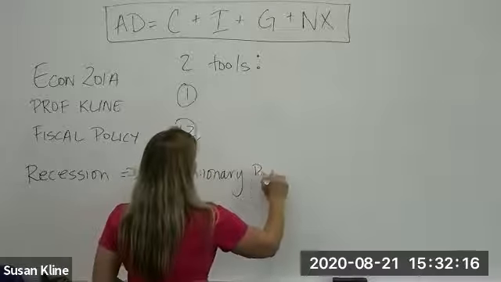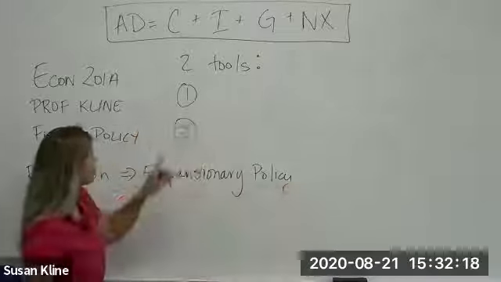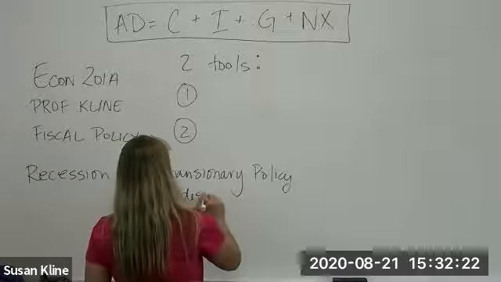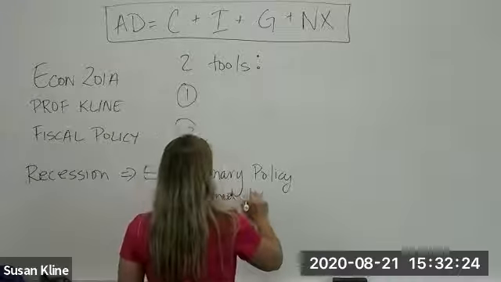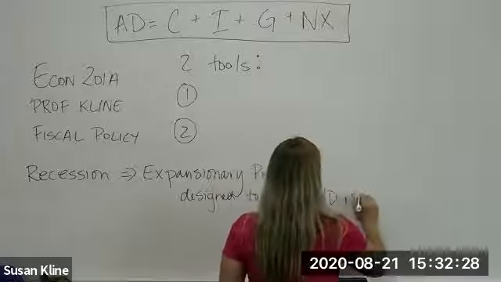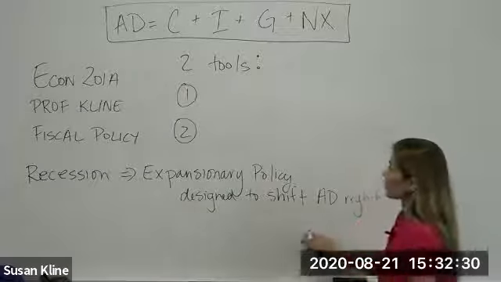And so expansionary policy, we're going to look at our tools here in just a moment, is designed to shift aggregate demand to the right. We're trying to make this number larger.